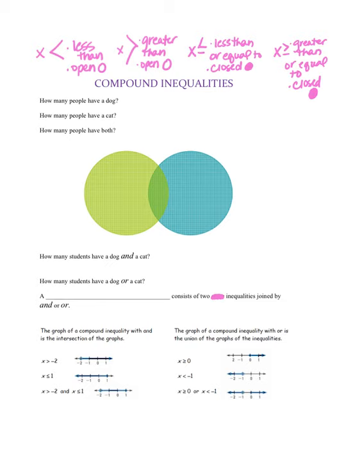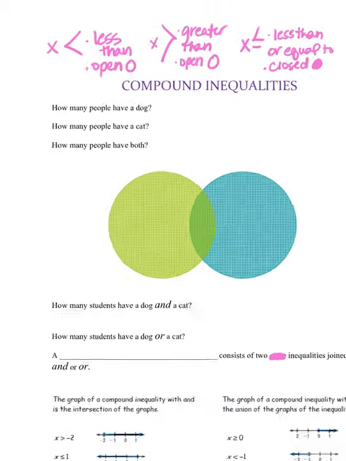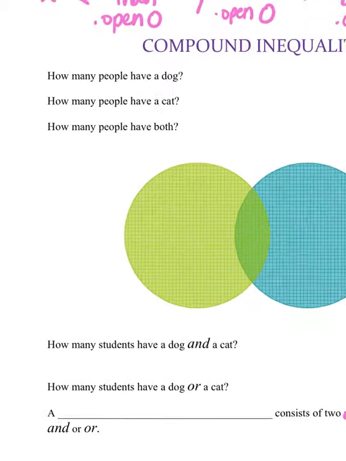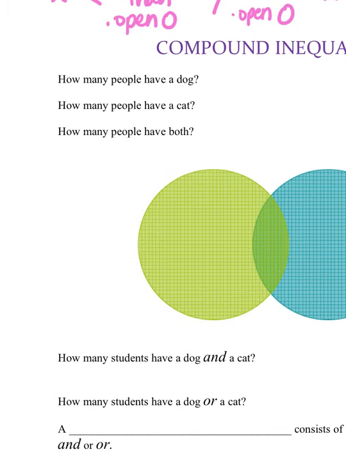So today we're going to combine these. These are called compound inequalities. And we're going to look at a little example here. Let's say we have 20 people, and out of those 20 people, all of them have either a dog, a cat, or both.